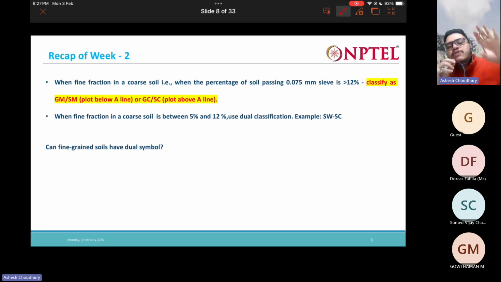If the fine fraction is less than 5%, we assign well graded or poorly graded. If the fine fraction is greater than 12%, the suffix is decided based on whether that fine fraction is clay or silt, so the suffix will be M or C.